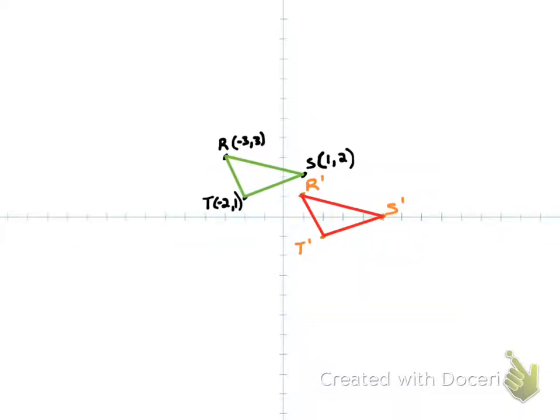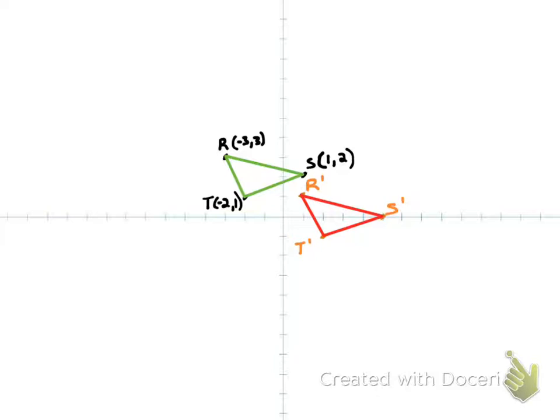Alright, so here's a new problem. We want to figure out how far it's translated. We know it's a translation because it's the same figure and it's been moved to the right and then moved down. So we want to know how far x changed and how far y changed. Which is the translation? So this is how we're going to figure it out. I'm going to pick a point. I'm going to pick T because it's on the bottom.